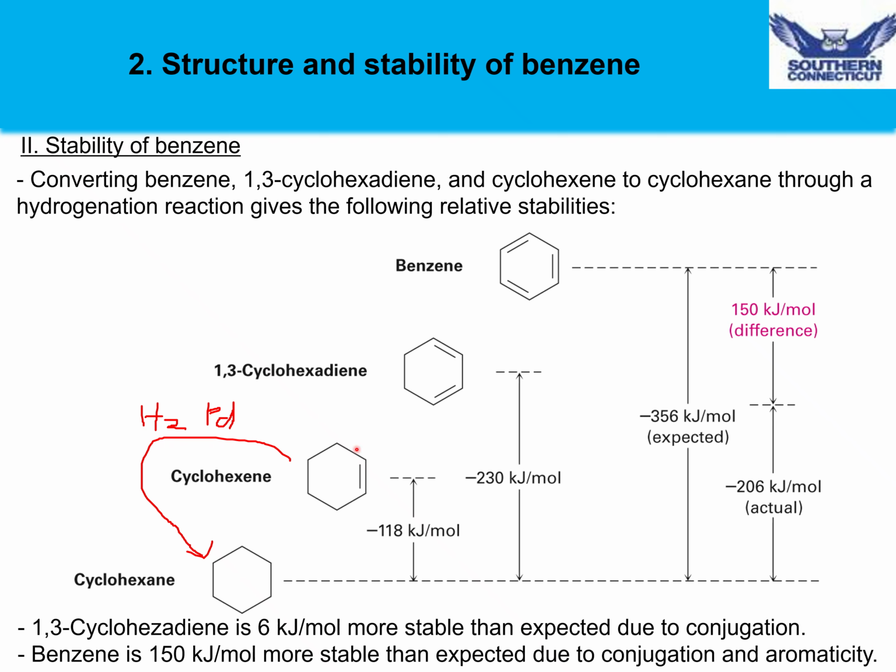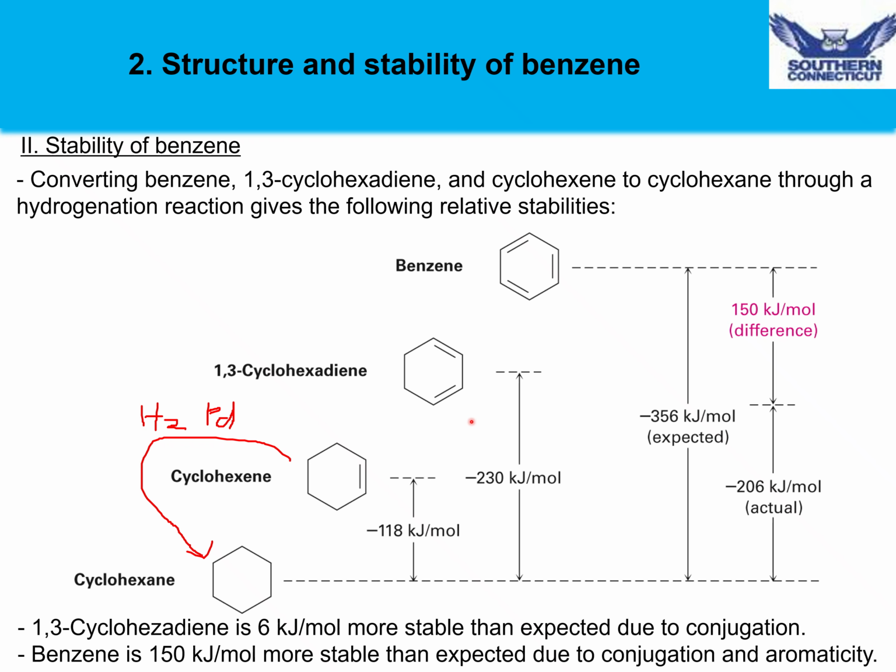Since the product in both reactions, the reduction of this diene and this alkene, both lead to making cyclohexane, the difference in energy between these 2 reactions is based on the fact that a 1,3 diene has a small amount of stability due to the conjugated double bonds.